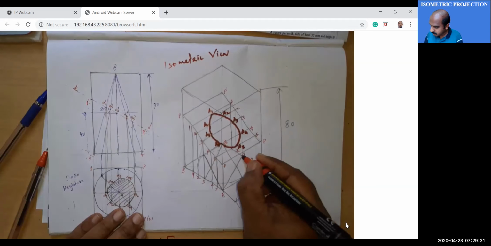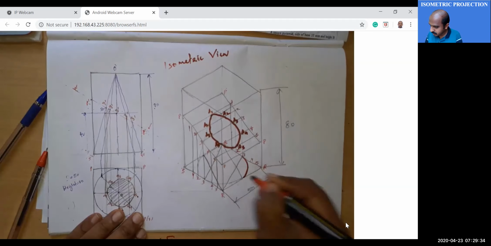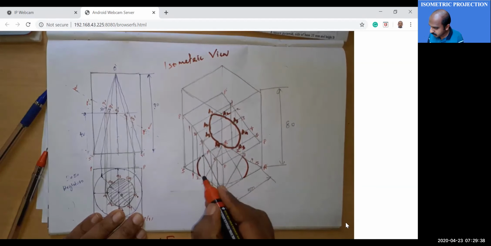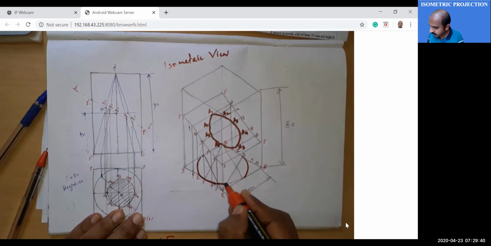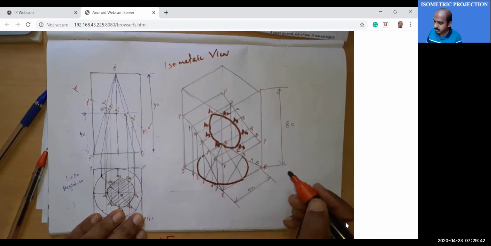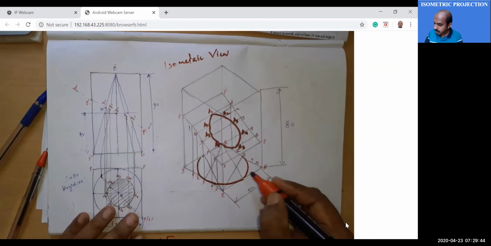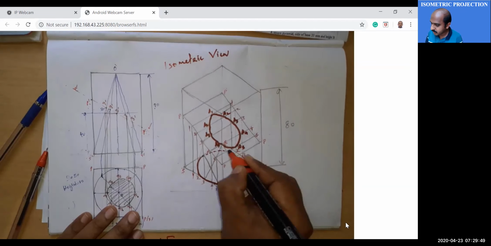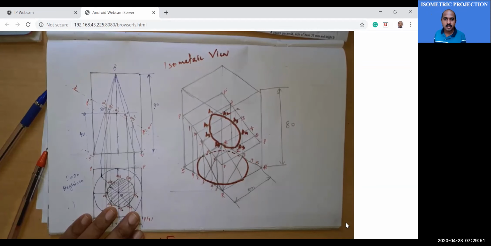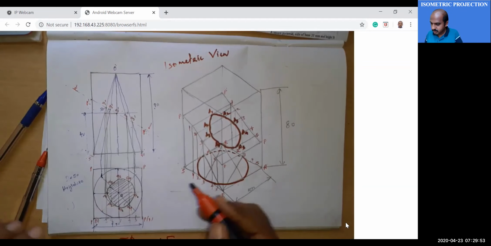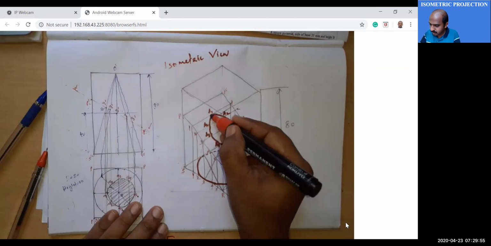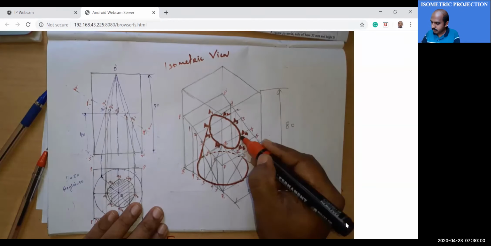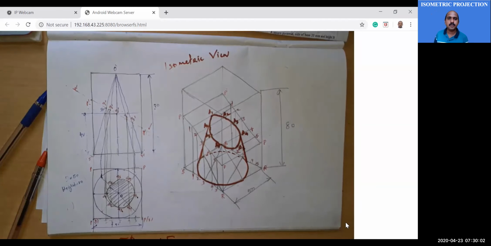This is actually the isometric view of the bottom. So actually this portion is hidden. Now you can connect the outer face, here it is shown from A to A. Now, clear?